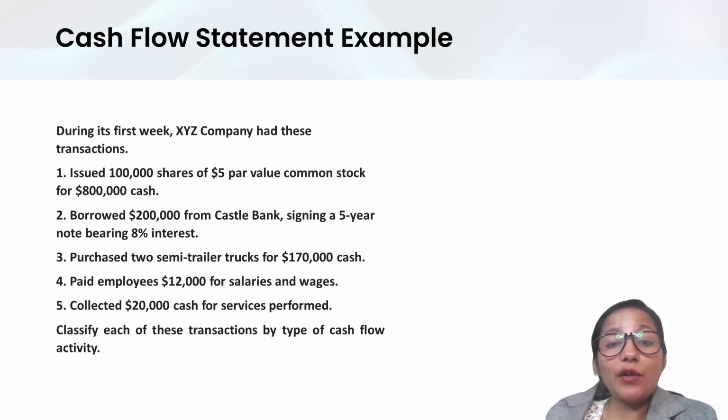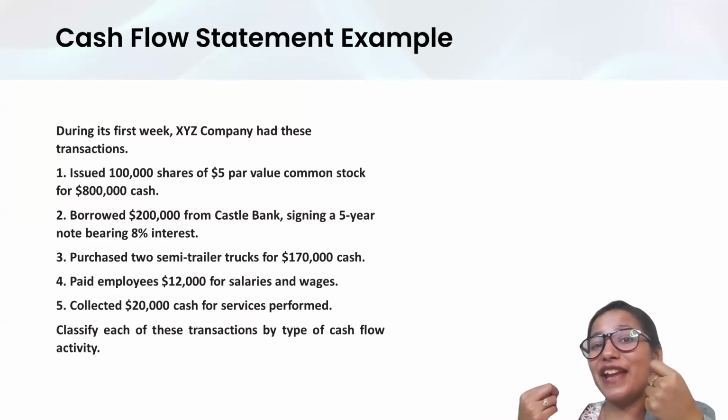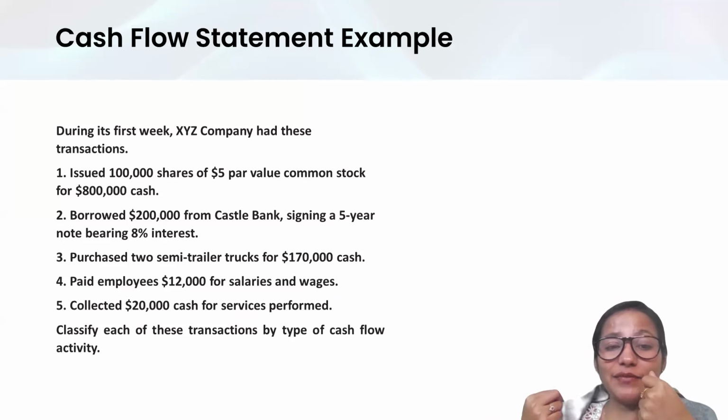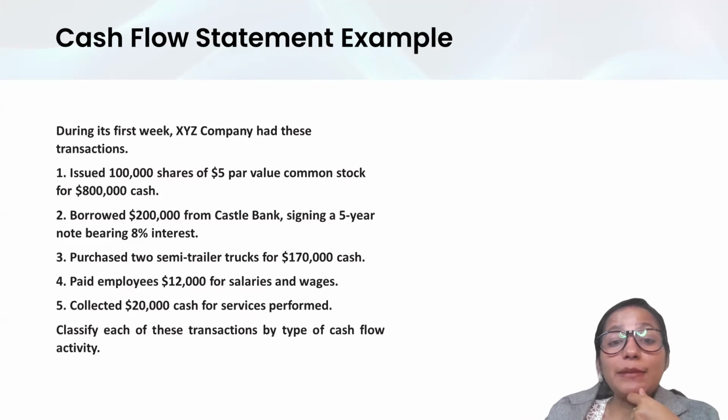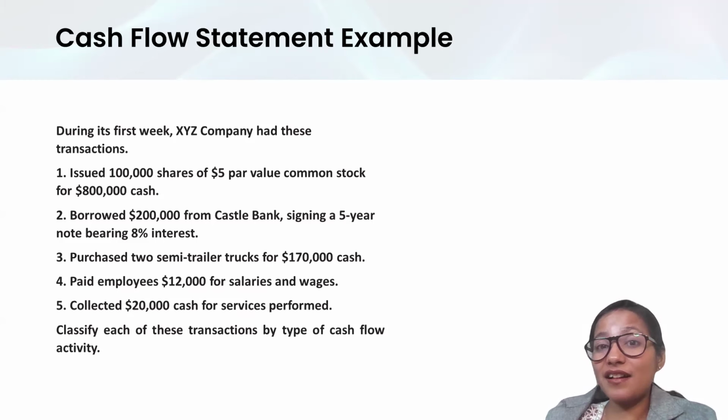Borrowed $200,000 cash from a bank, signing a 5-year note bearing 8% interest. Here also money is coming in, so financing activity. Purchase two semi-trailer trucks for $170,000 cash. They are purchasing trucks, so it means investing activity, PP&E.